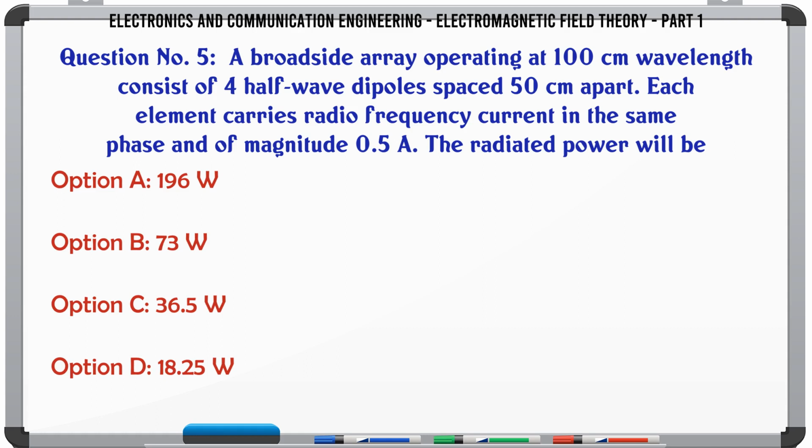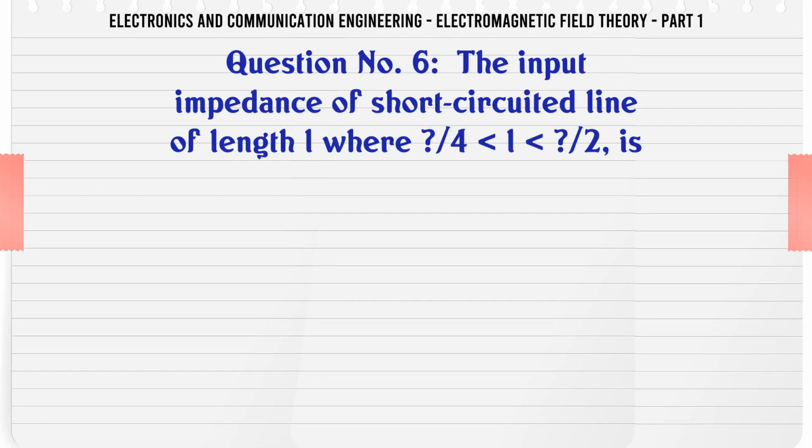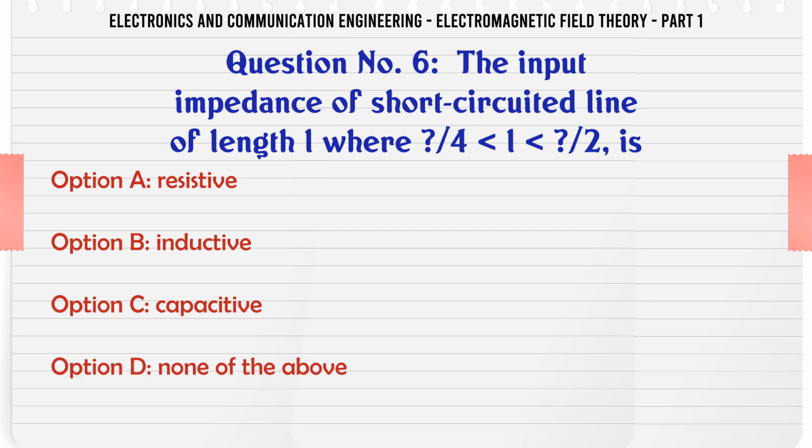Each element carries radio frequency current in the same phase and of magnitude 0.5 A. The radiated power will be A 196 watts, B 73 watts, C 36.5 watts, D 18.25 watts. The correct answer is 196 watts.